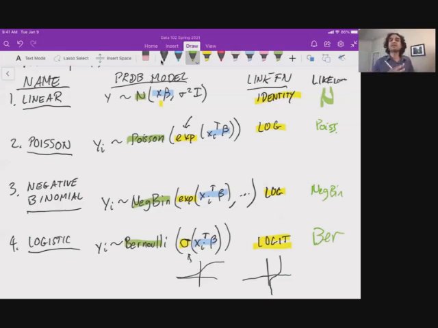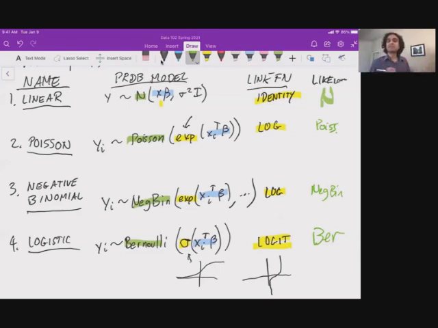You can imagine mixing and matching any combination. Well, not any combination, because certain distributions need their parameters to be positive and so on. But you can do a lot of mixing and matching. You can choose whatever suits your data the best. And so this idea of a generalized linear model is that you pick a link function and you pick a likelihood model, and then boom, you get the rest for free.